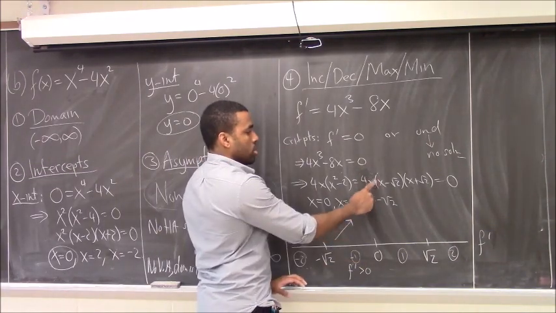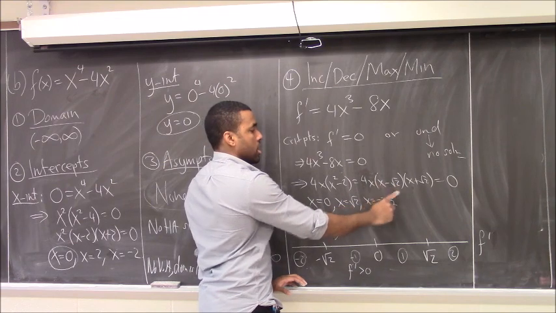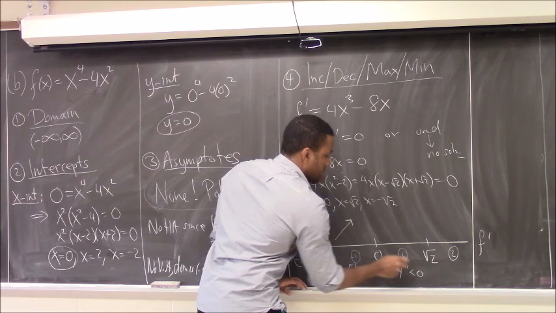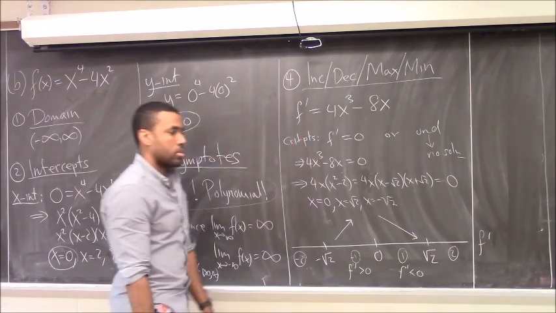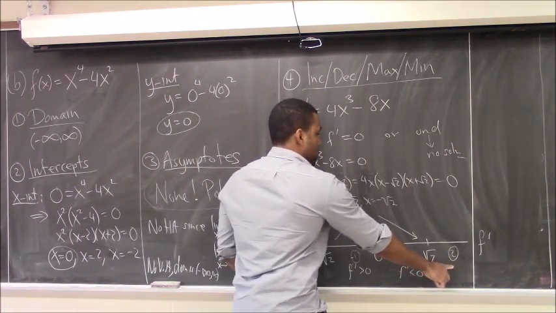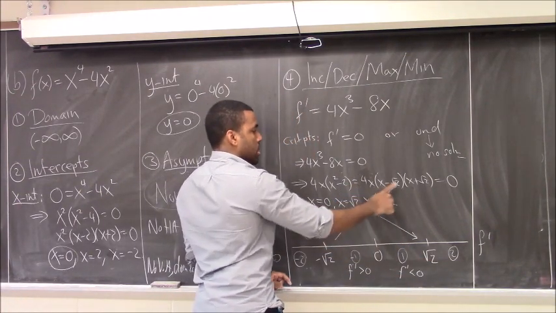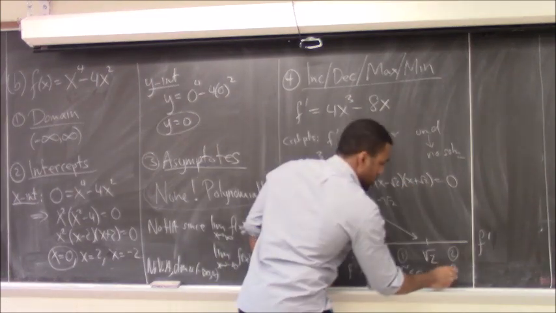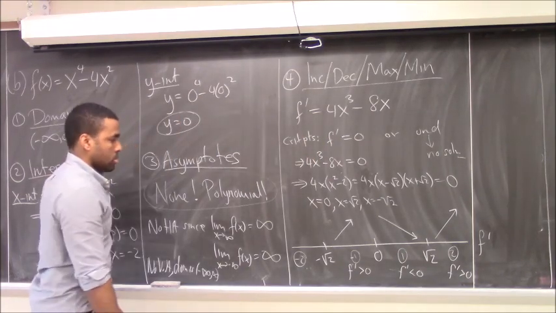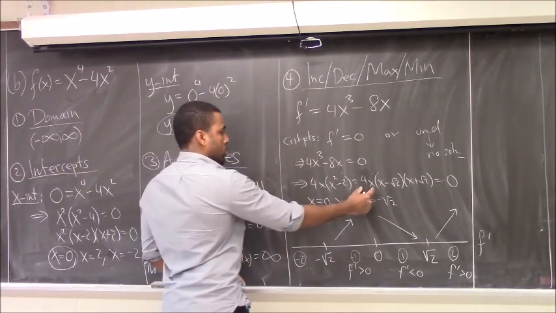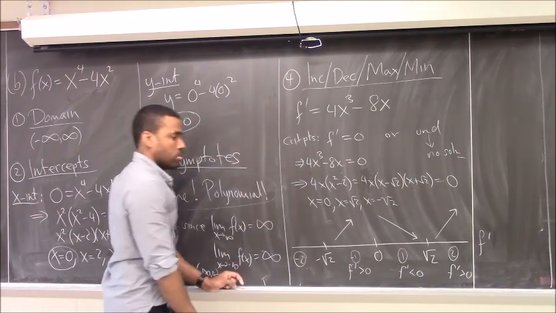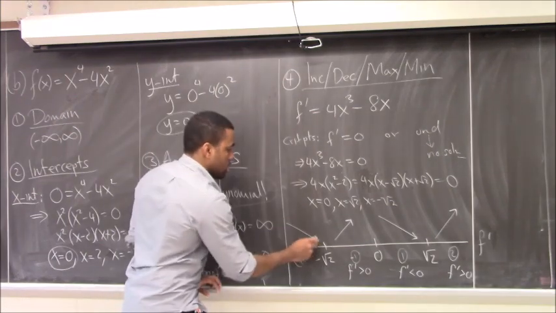If I plug in 1, that's positive. This is negative. This is positive. So over here it's negative. That means I should be decreasing here. If I plug in 2, that's positive, positive, positive. It's all positive. My derivative is positive, so that's increasing here. If I plug in minus 2, that's negative, negative, and negative. That means it's decreasing here.